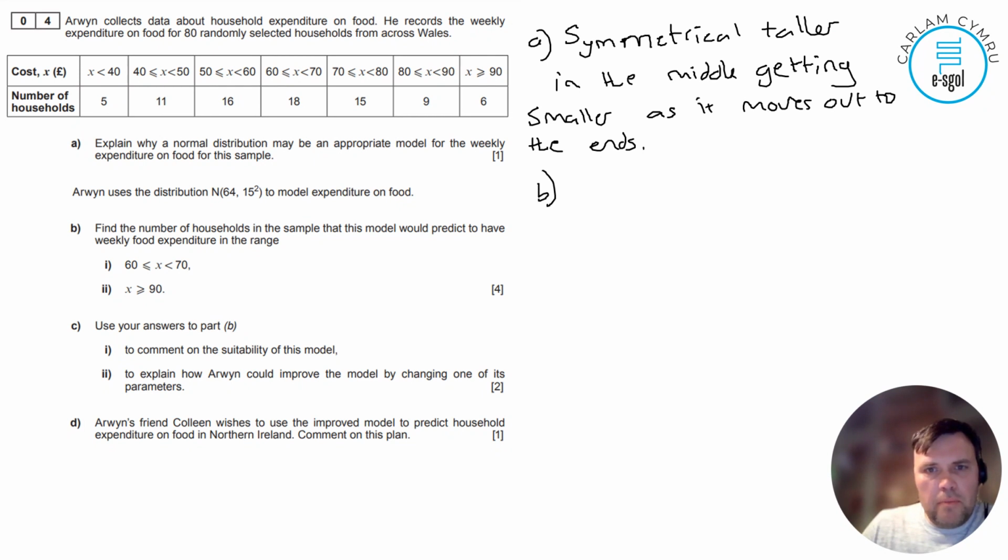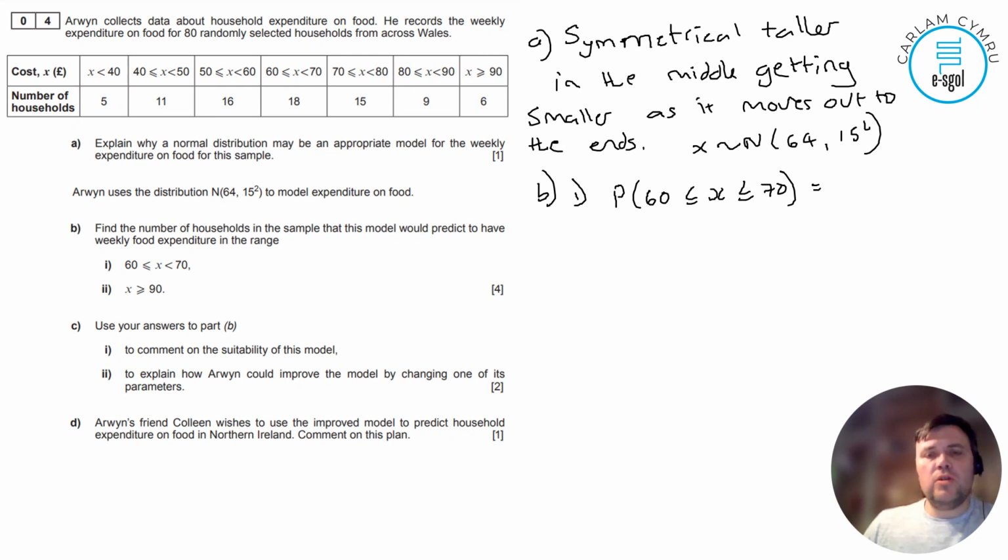So if I go to part B, part 1, the probability, actually I like to write down what this is. So X belongs to the normal distribution, and if they haven't written it in this way, I probably would have squared. So when we're doing P(60 < X < 70), I would press menu 7, and then it's cumulative again, so it would be number 2 for the normal distribution CD.